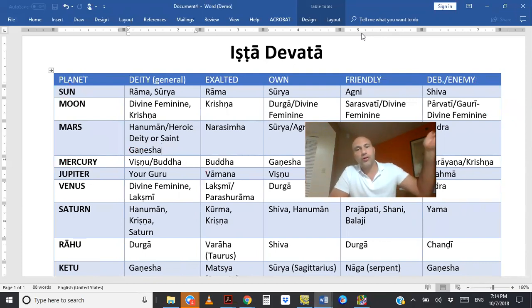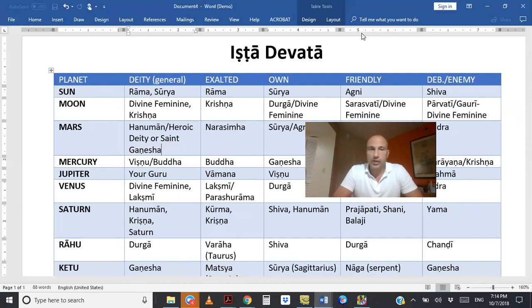And then when you're older, you connect to an aspect of the divine that is moksha friendly, enlightenment friendly. You're not interested in money anymore. So we all go through a natural evolution over the course of our lives, and you can have multiple Ishta Devatas.